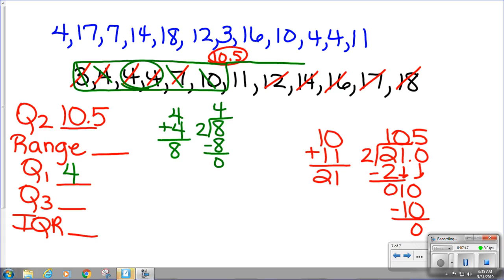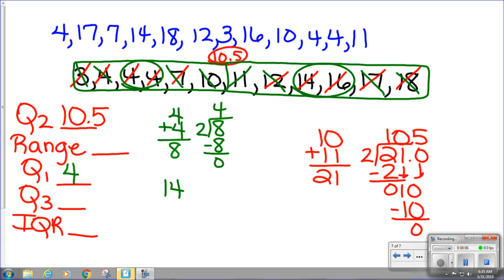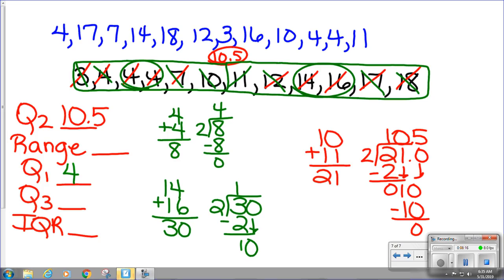I'm going to place a box around the right numbers. Again, remember, we never box or cross off the median. I'm left with 14 and 16 in the middle, so I'm going to add 14 plus 16. I get 30. 30 divided by 2 is 15.